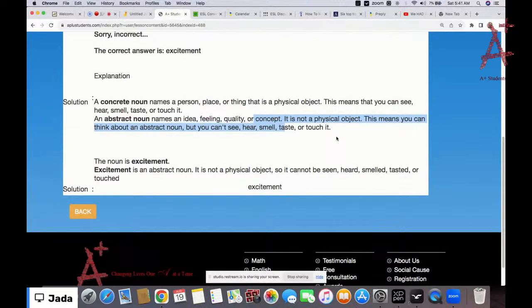I want you all to know the difference, okay? All right, so again, I'm going to say this again: with the concrete, you can see, you can touch, you can smell, you can taste everything. But then with the abstract, you cannot touch or feel anything, it's not physical, okay?